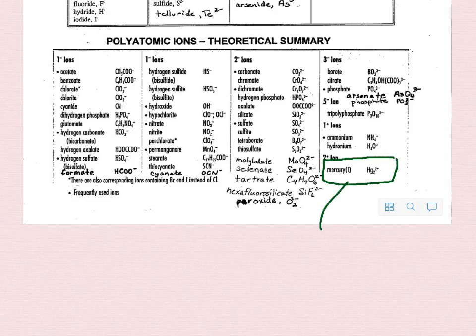Mercury is the only ion that can have a subscript built in its single state. Mercury 1 is actually a mercury with a 1 plus charge and another mercury with a 1 plus charge, where each of those atoms has lost an electron, and they actually stick together.